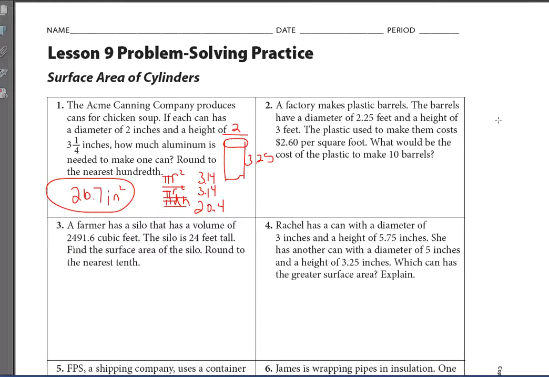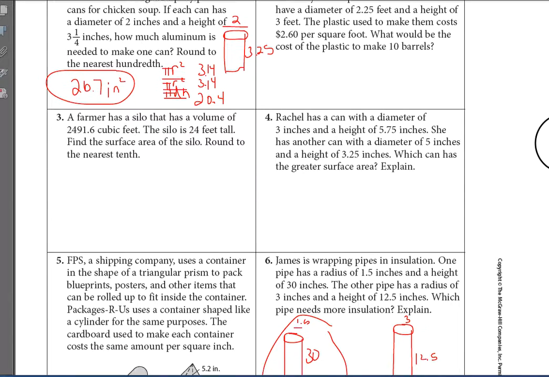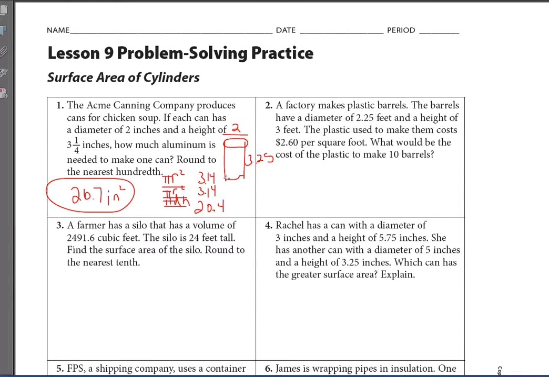And then for your lesson 9 problem solving, I did number 1 and 6. For number 1, I drew a picture of a can, and it says that the diameter is 2, which means that the radius is equal to 1. And then the height of the can is 3.25, or 3¼ inches. I wrote my 3 blanks just like I did on the other one, pi r squared, and pi dh.